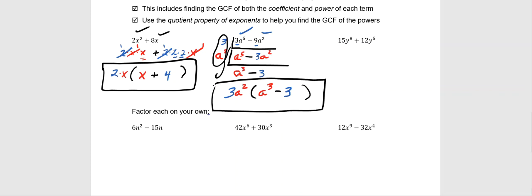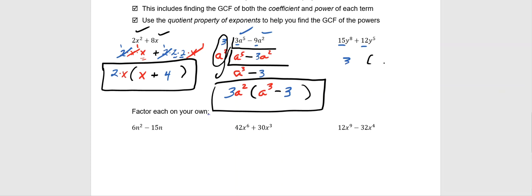So now that we've seen two slightly more inefficient approaches, on the last one we're going to take the most efficient approach. We're going to focus on the coefficient terms first. So let's see. The greatest common factor of 15 and 12, I know, is 3.